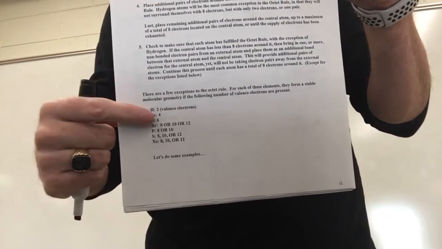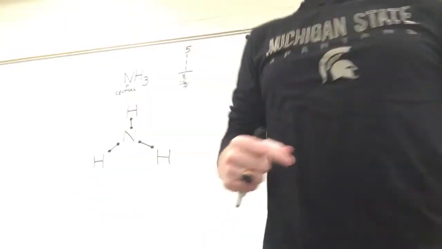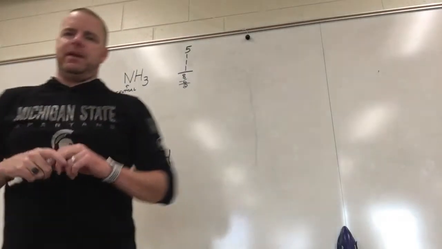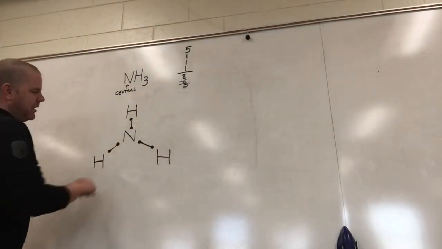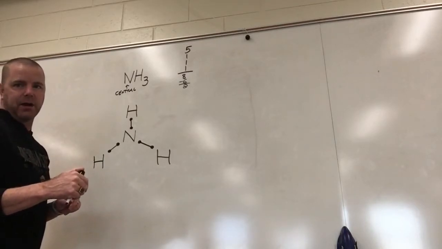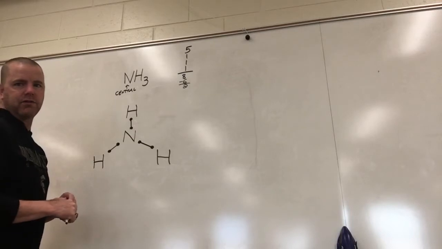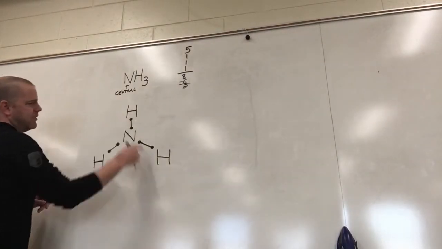Hydrogen indeed is an exception, where hydrogen is happy to only have 2. That makes sense with our Bohr model, doesn't it? Because that first quantum energy level only has 2 electrons in it. It goes 2, 8, 8, 18, 18, 32, 32, and so that makes sense to me. All right, so hydrogen's happy, hydrogen's happy, hydrogen's happy.